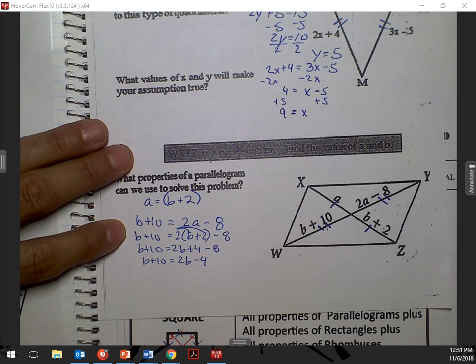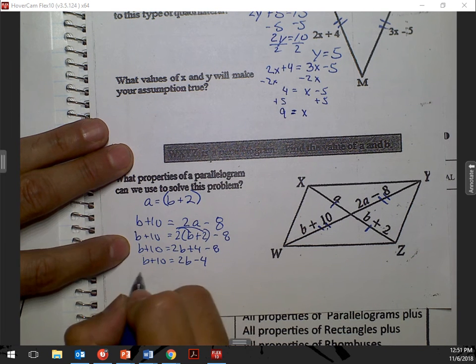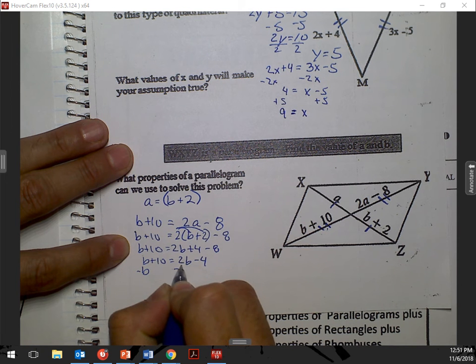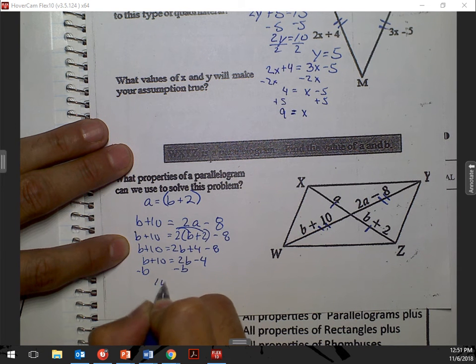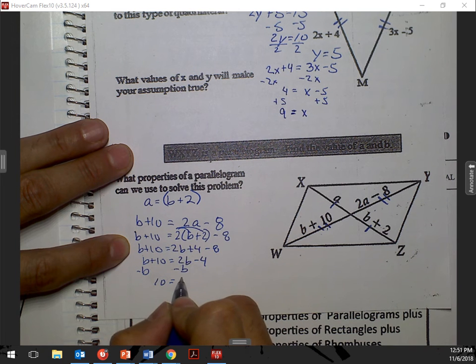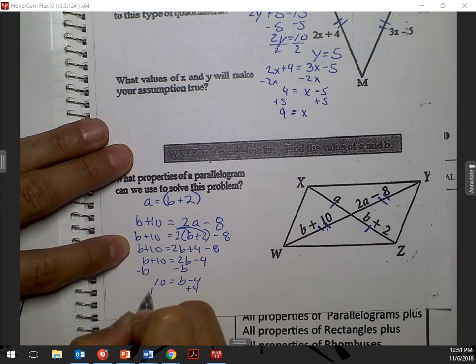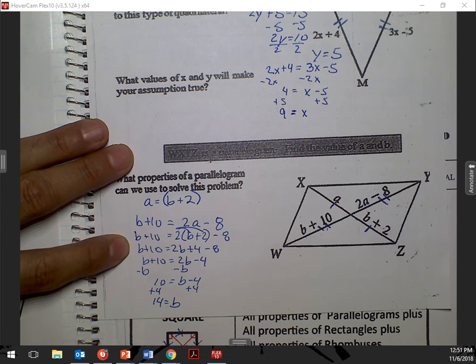Okay, good. So let's solve for B. Subtract B, so I get 10 equals 2B minus 1B, 1B minus 4. What am I doing now? Adding the 4. So 14 equals B.